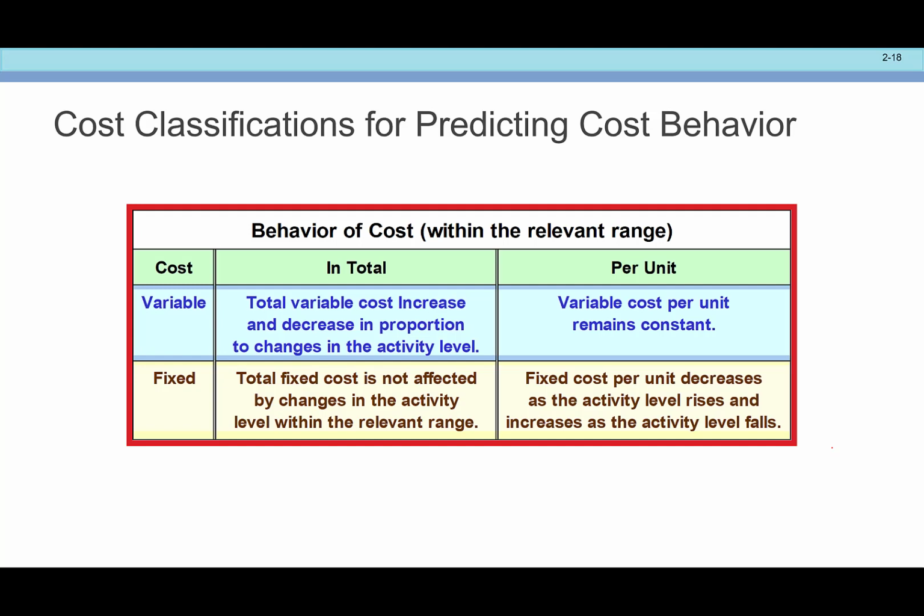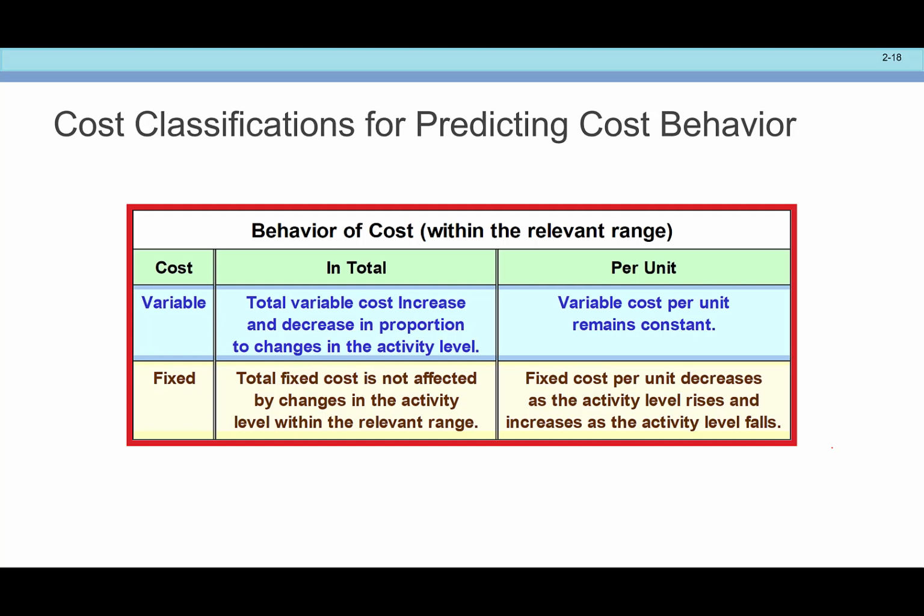If you look at it on a per unit basis, variable costs are fixed on a per unit basis. If our variable cost is $5 per unit, it stays $5 per unit regardless of the number of units you produce, right? Meanwhile, our fixed manufacturing costs tend to be variable on a per unit basis.